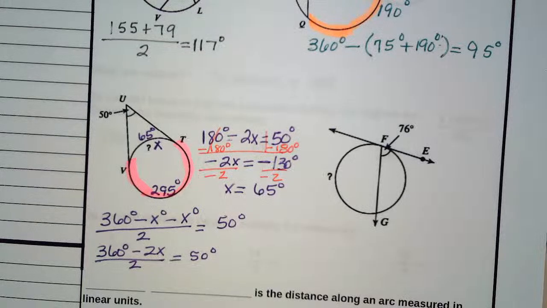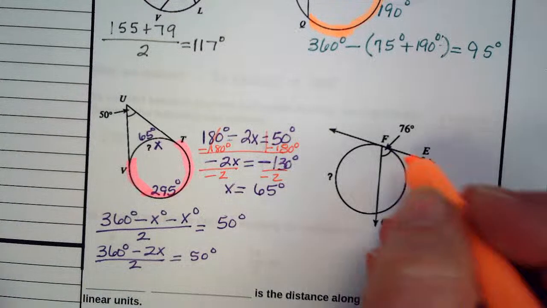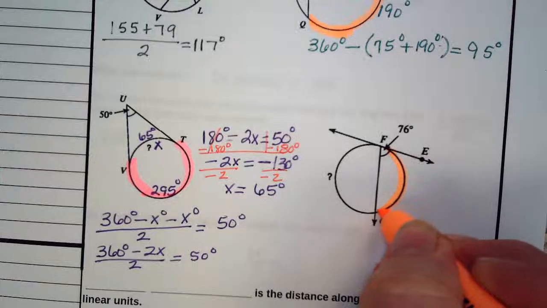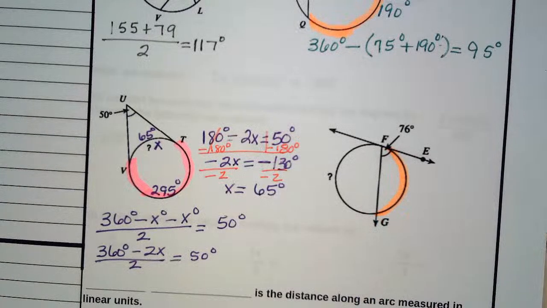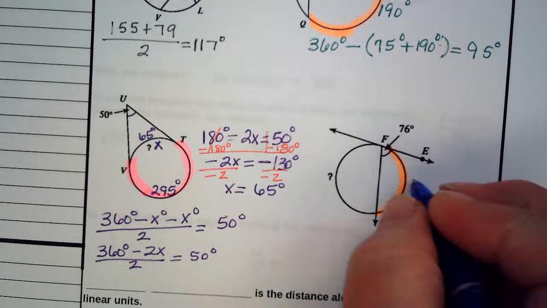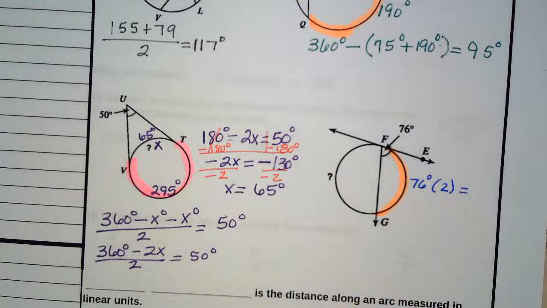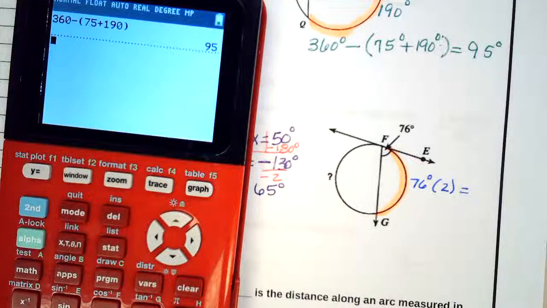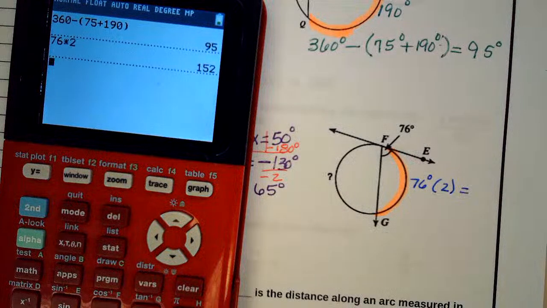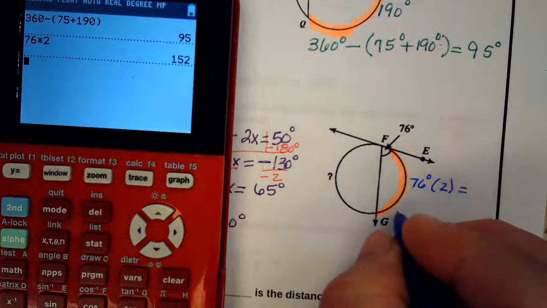So if we're looking at the next one, instead of asking for the intercepted arc, they're asking for everything else. If it is on the circle, we know that we simply divide by half. So this is going to be 76 degrees times 2, and you end up with 152.